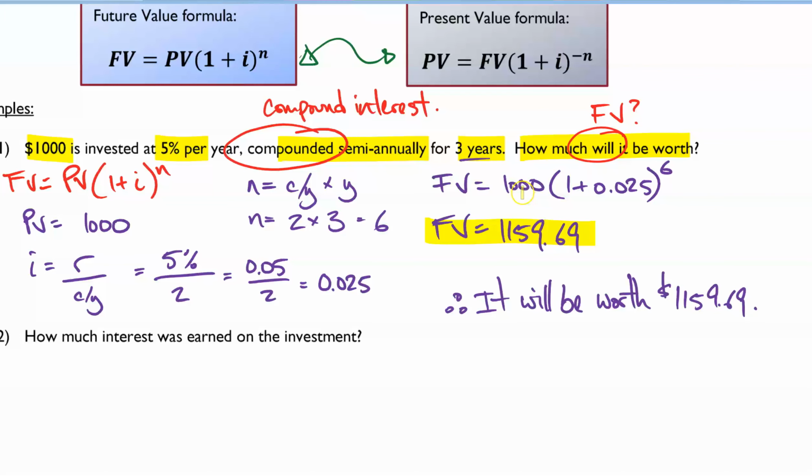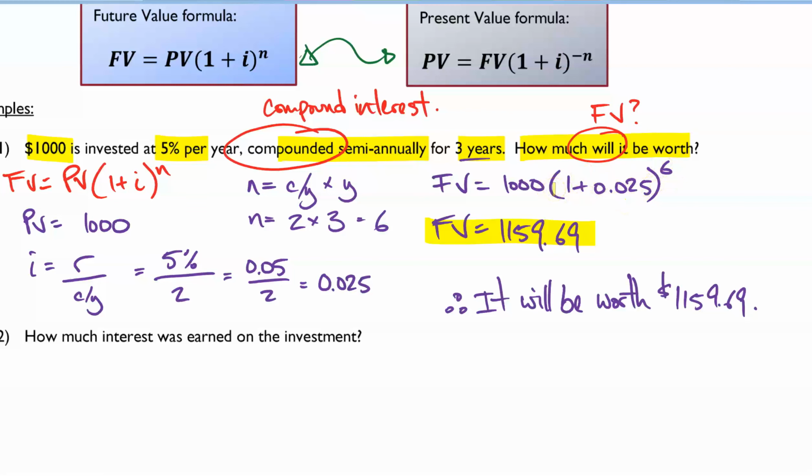Make sure you follow BEDMAS. A lot of you guys will be tempted to multiply the 1,000 directly into 1.025, but you can't because 1.025 is the base belonging to the exponent 6. You have to do the exponent first. Let's go 1.025 to the exponent 6 equals, and then you times it to 1,000.